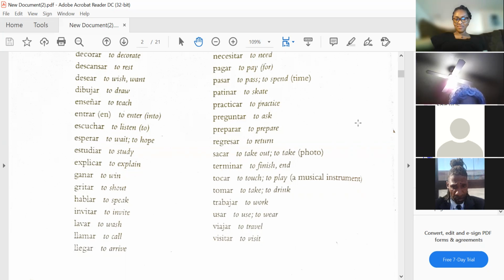What I would suggest you do, guys, and I don't want to dictate your own study habits, is look at these 20-some verbs, take about 10 of them and make a very simple sentence, and make sure I'm doing it right. Like I would write on paper number one: Él enseña español.